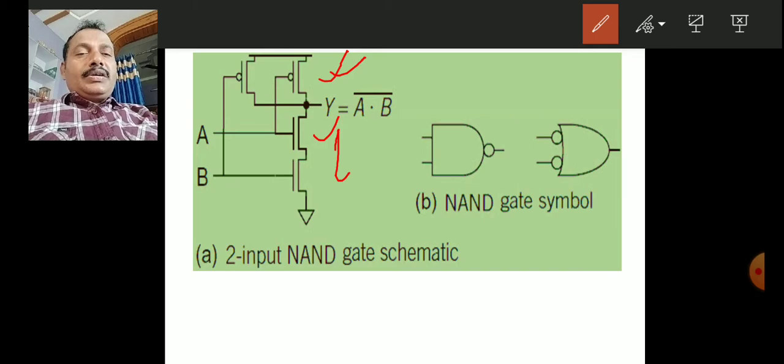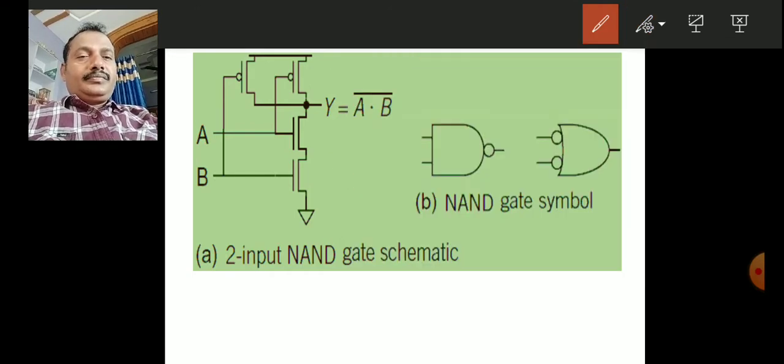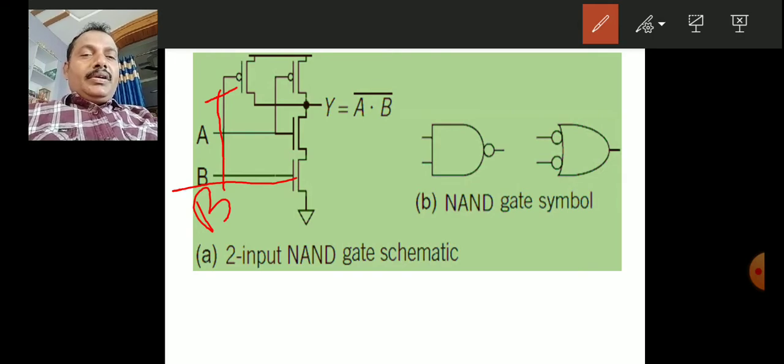Both the gates are shorted together like this, and it is called A. Similarly, the gate of the second PMOS is taken and shorted with the gate of the NMOS here, and it is called B. So after this connection A, B, the output here is Y, and Y equals A dot B bar. We got it.